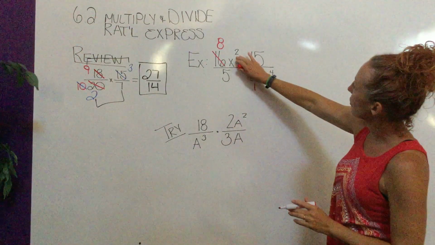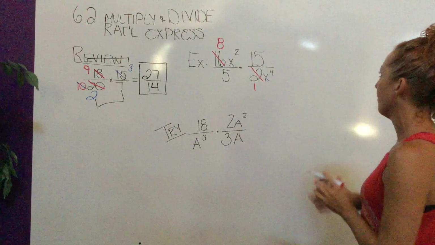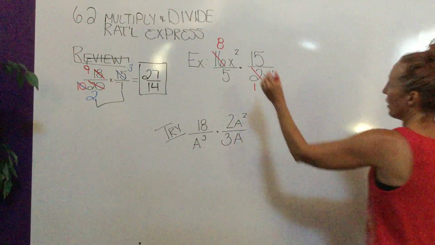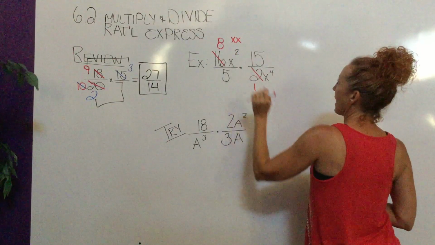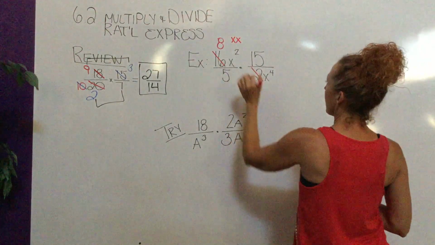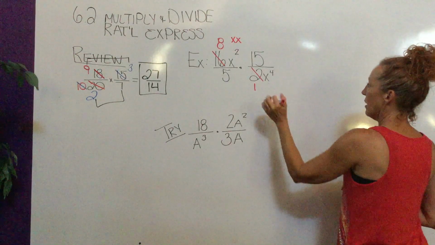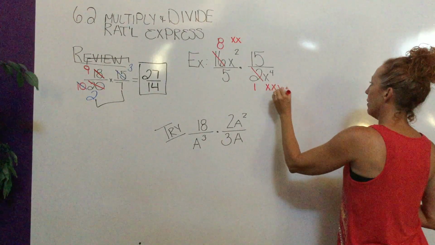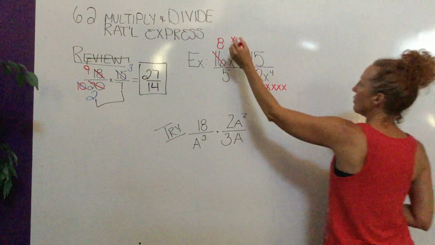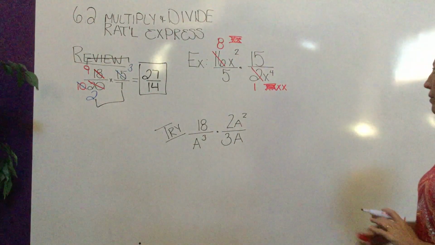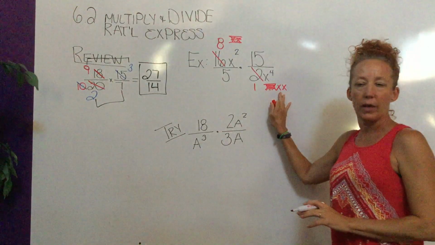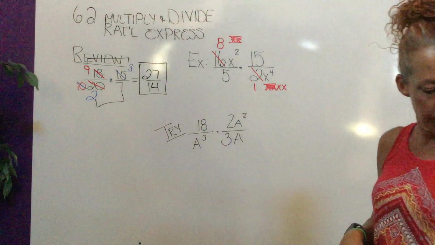I have x squared on top and x to the 4th on the bottom. So just to refresh your memory, if I expand that, that would be x times x, and x to the 4th is that. So 2 of these are going to cross out with 2 of those, and I'm going to end up with x squared in the denominator here.